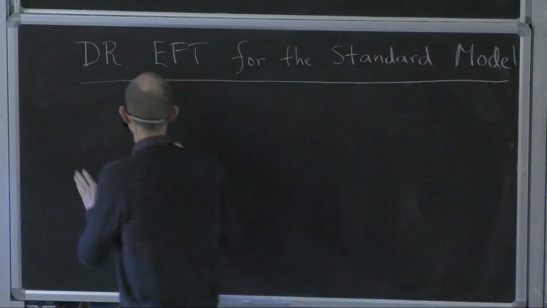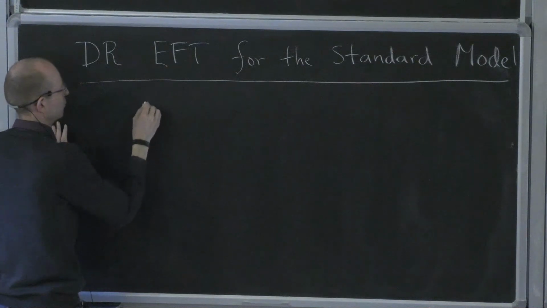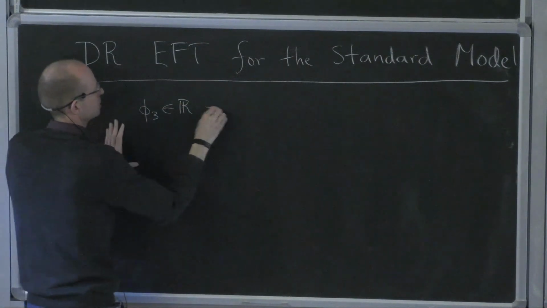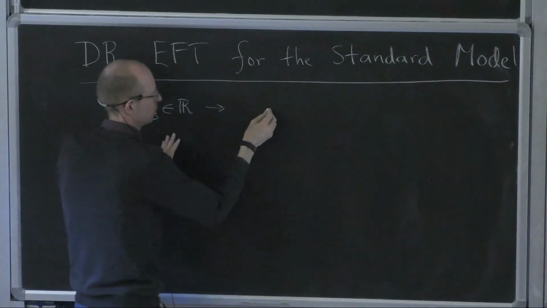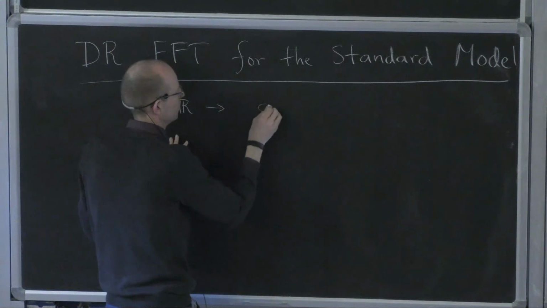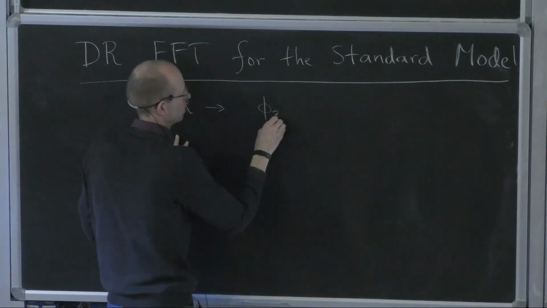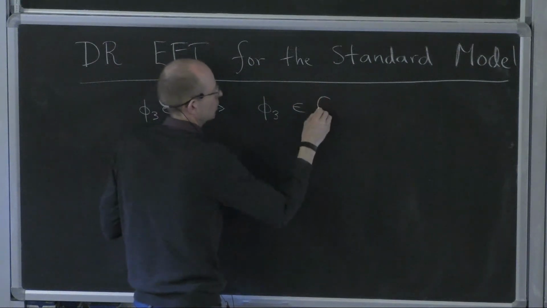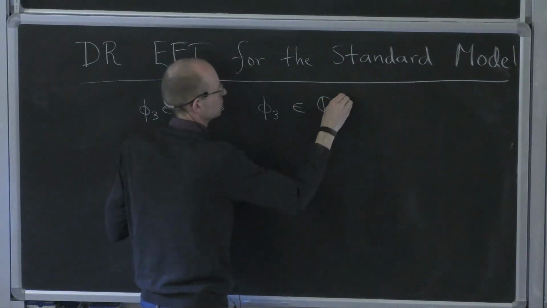What we have to do is, we had this real scalar field, and now it is replaced by the Higgs doublet. I still denote the Higgs doublet by phi 3, but it is now a complex doublet, two complex numbers.